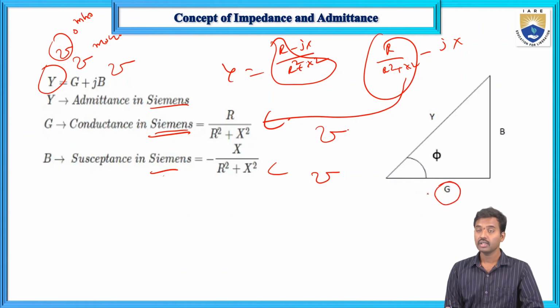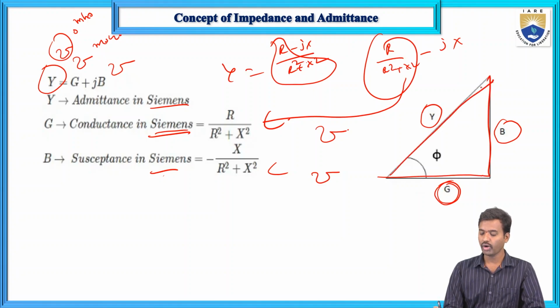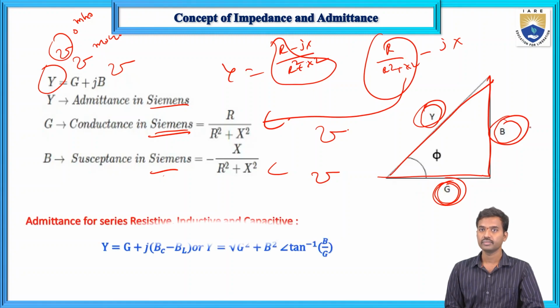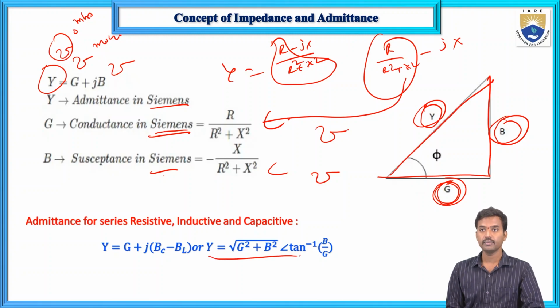This is the admittance triangle. G is the conductance, B is the susceptance, and G plus jB equals Y. Y equals G minus jB, and Y equals the square root of G square plus B square, at angle tan inverse B by G.